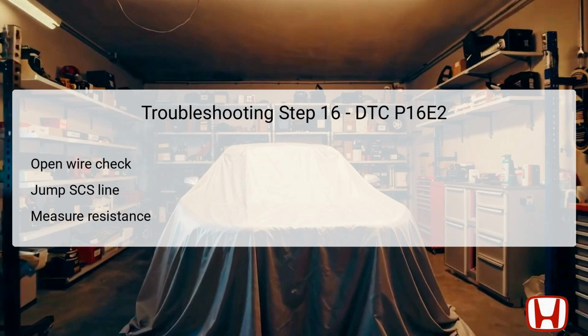The final troubleshooting step for DTC P16E2 entails a thorough probe for open wires within the LIN communication pathway. This action involves returning the vehicle to the off mode again, then executing the SCS line jump as previously conducted. Disconnect both the alternator's 1P connector and PCM connector A to validate resistance measurements amid these connections.